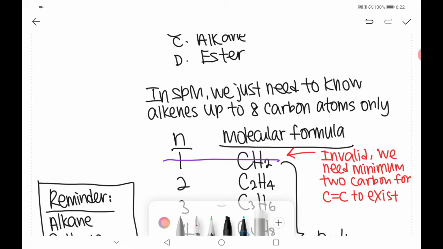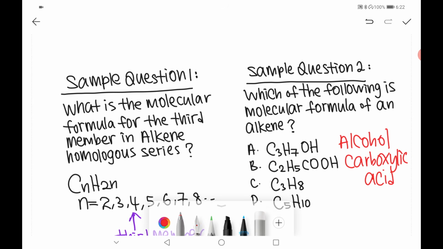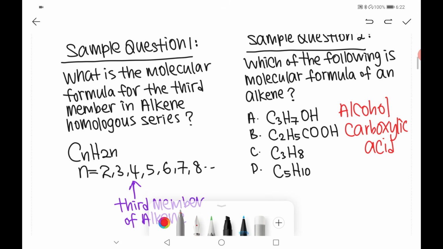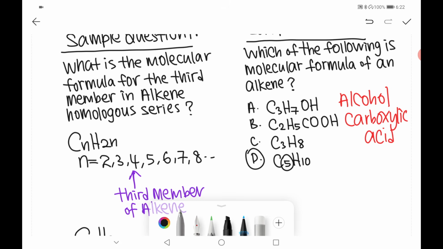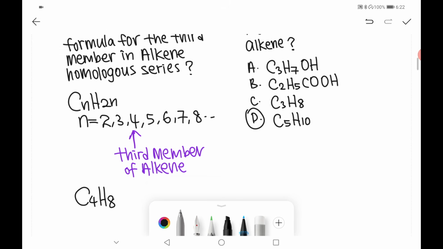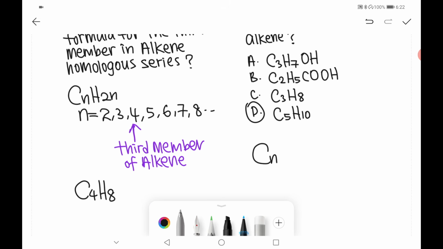So now we are looking for alkene, so the number of carbon and hydrogen must double. So the answer is D. As you can see, 5 and 10, the number doubles up. So what is the important concept here? You need to understand that the general formula of alkene is CnH2n.